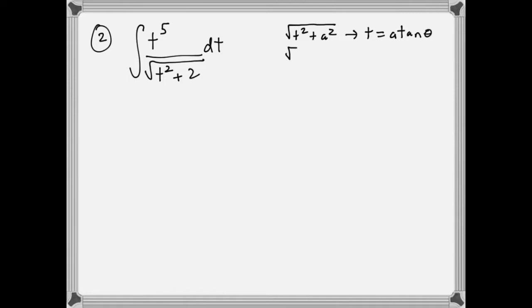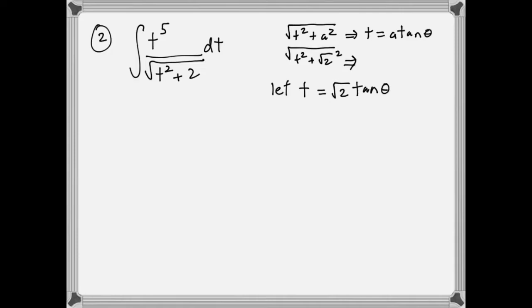What do we have in our problem here? We actually have t squared plus the square root of 2 squared, right? Because 2 is not a perfect square. So this means that we're going to use the square root of 2 times tan theta.